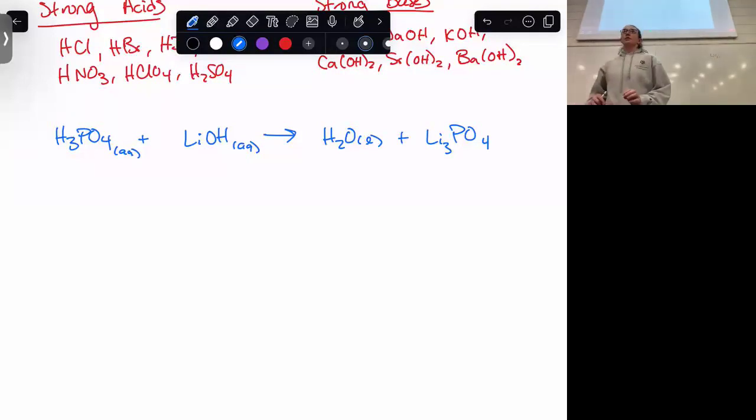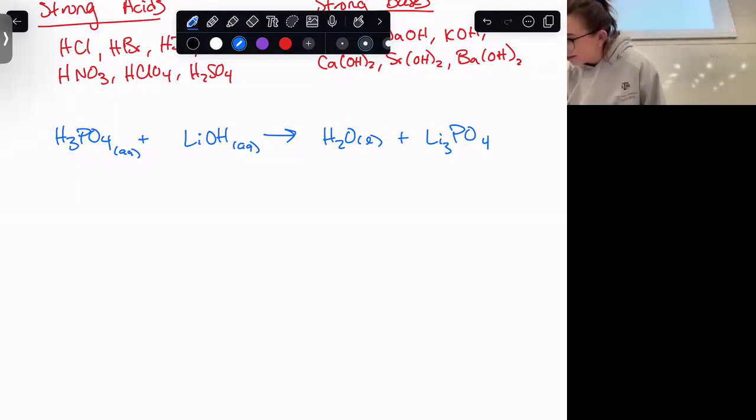So this is step 4, balancing. We predicted our products and now we're gonna balance. So now the subscripts are off limits, okay? So what do we need to do to balance this equation? We need coefficients. We just said that we put 3 lithiums in our product side. So what do you think that means we need to do to our lithiums on our reactant side?